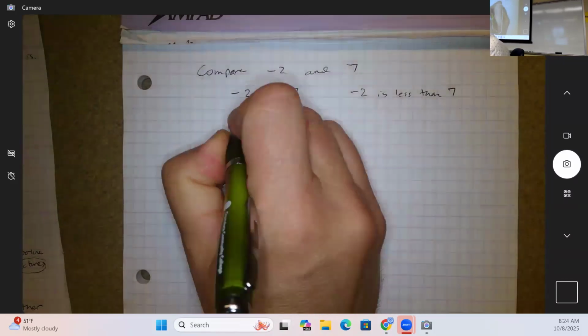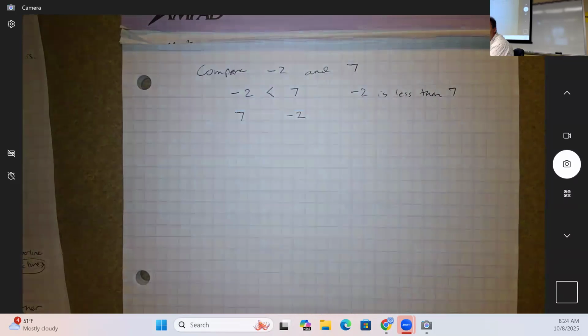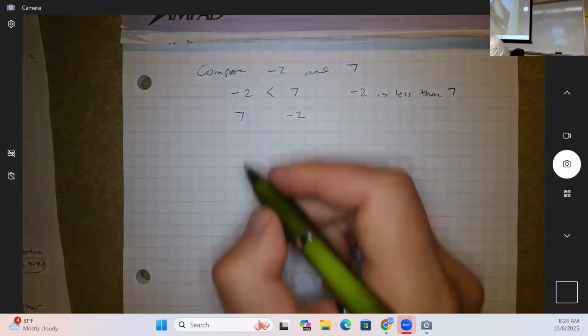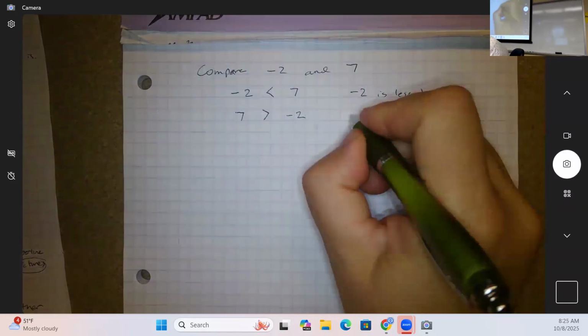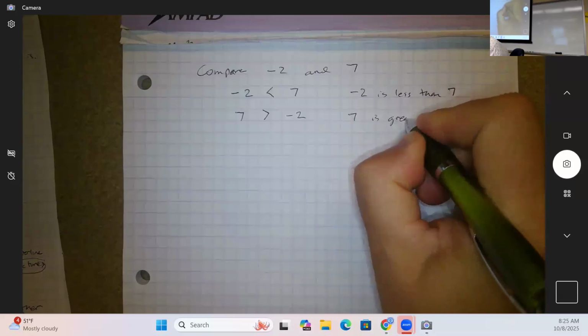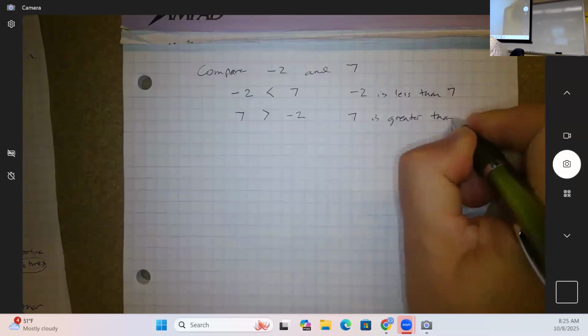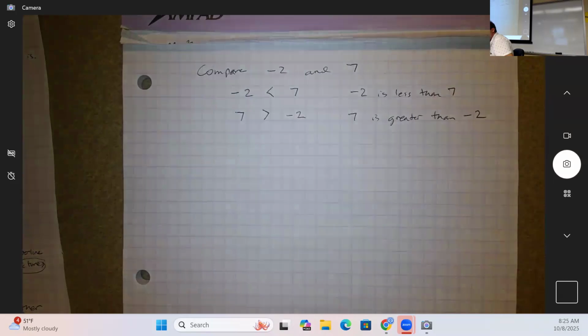And if I had the 7 and then the -2, which way would the symbol open? Towards the 7, right? So we don't care so much about opens to the right, opens to the left. It opens towards the greater number, towards the larger number. And I would read this as 7 is greater than -2.